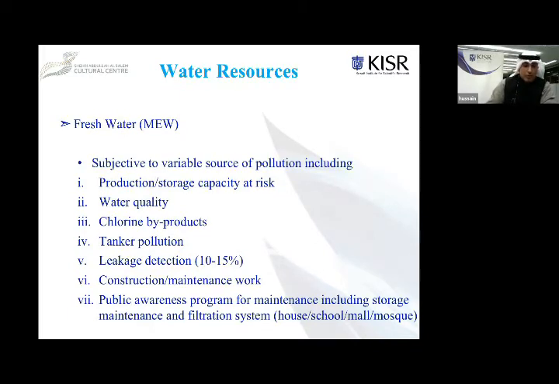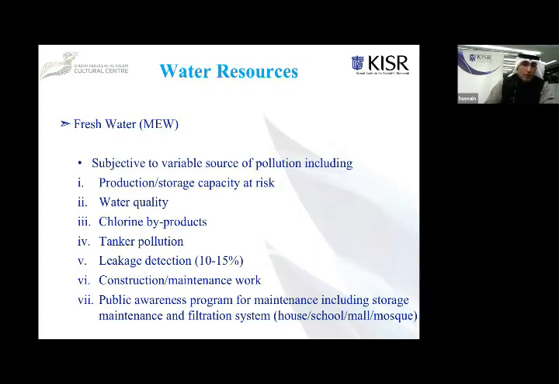The second point is the water quality. For the production and the treatment, we have to keep consistency in having good quality water, which will require up-to-date maintenance and quality control for the water before and after and throughout the network, to define the source if there is any pollutant.